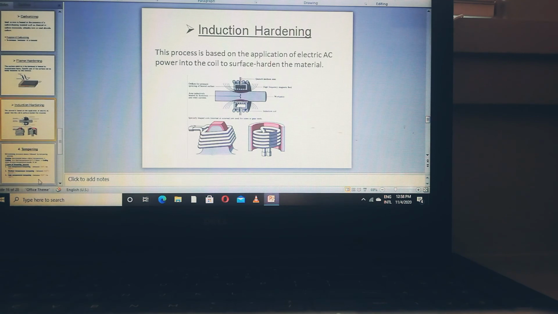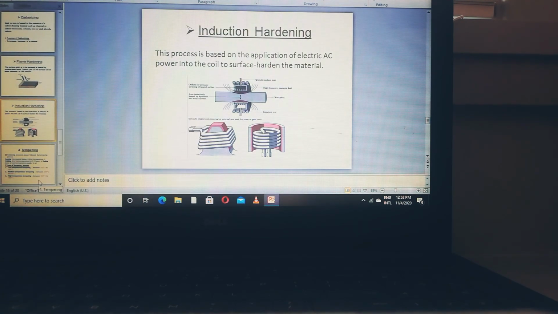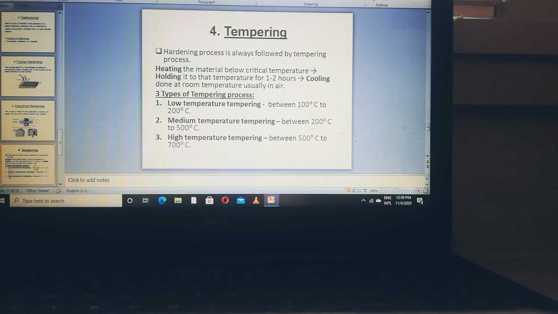Now let us look at our last type of heat treatment, which is called tempering. Tempering is a process that uses 3 different kinds of tempering, which are low temperature, medium temperature, and high temperature tempering.